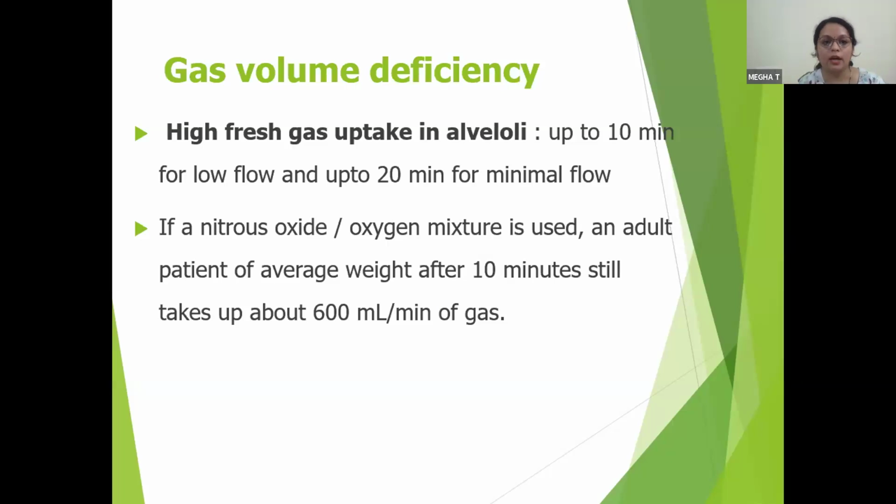So what I earlier told about gas volume deficiency: as we know, high fresh gas uptake in the alveoli occurs up to 10 minutes in low flow, whereas up to 20 minutes in minimal flow. It is seen that if a nitrous oxide oxygen mixture is used, an adult patient of average weight after 10 minutes still takes up about 600 ml of gas per minute.